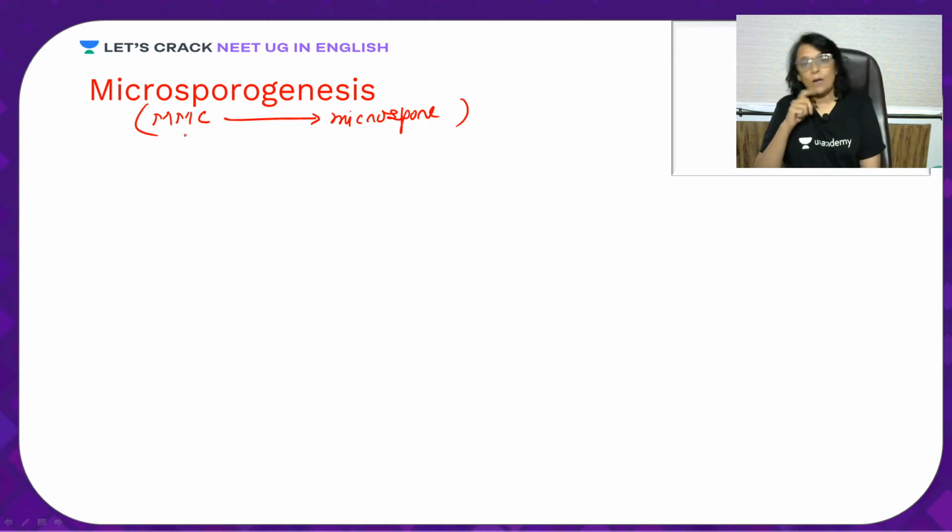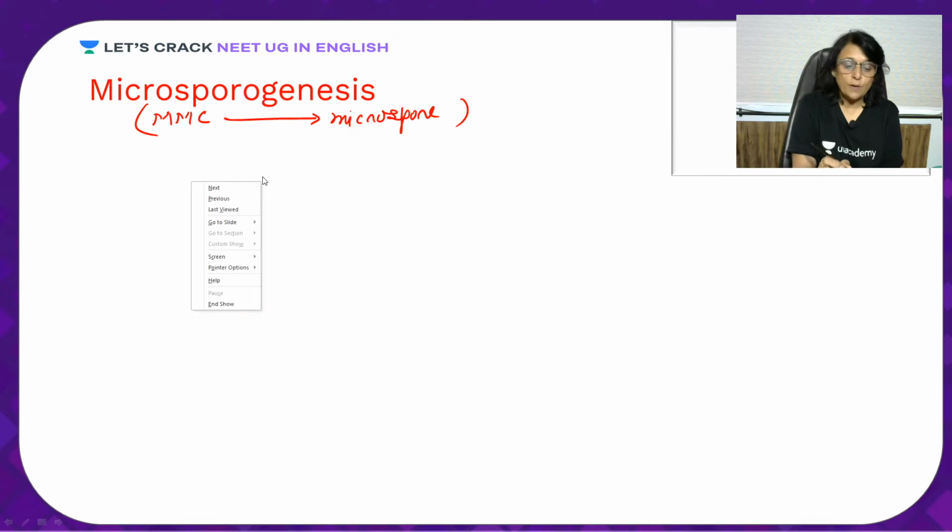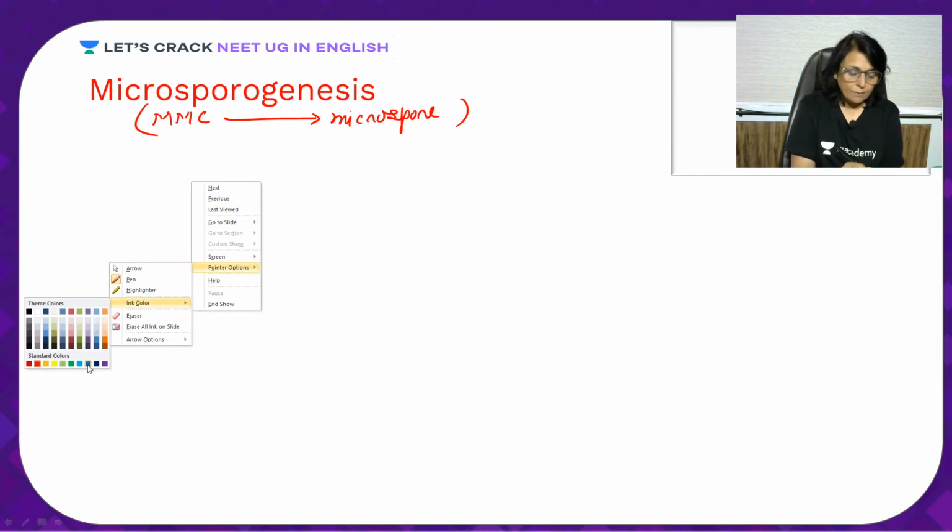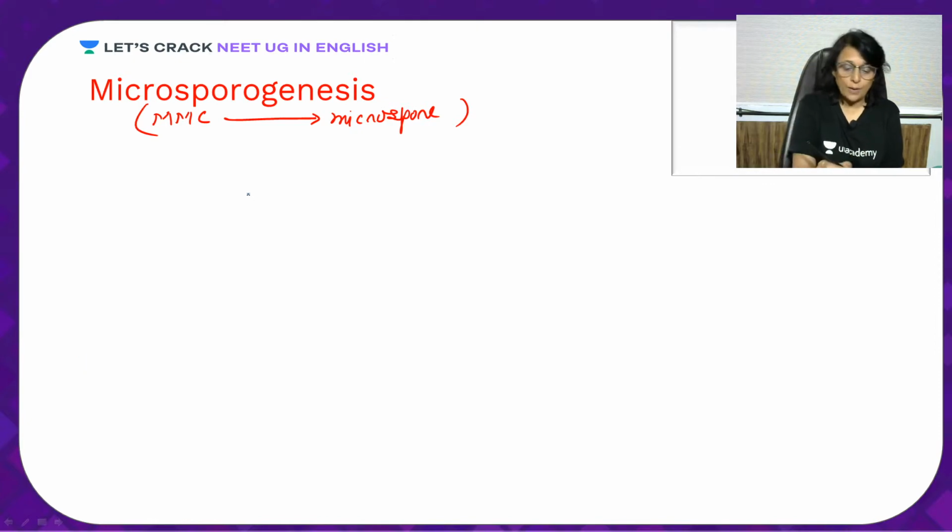Now to understand this, we will draw a diagram which is going to help us understand what happens as the anther matures. And again, let us make this diagram a little bigger so that all the stages can be drawn inside this.